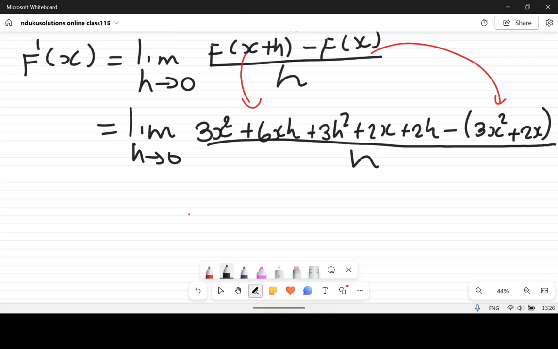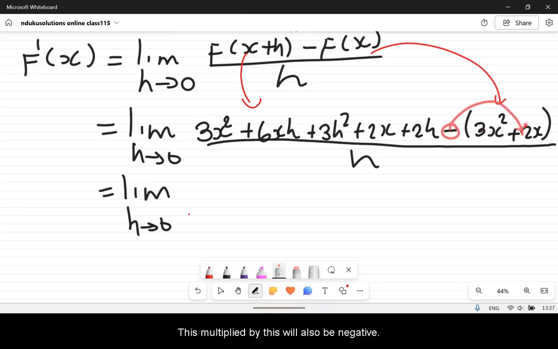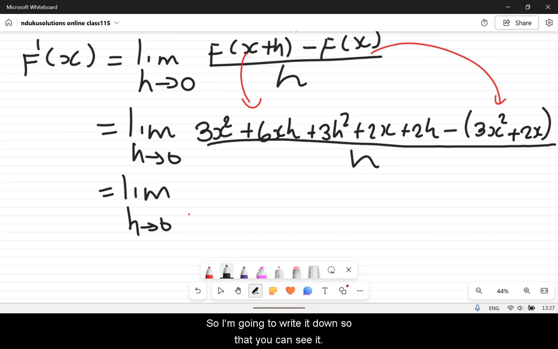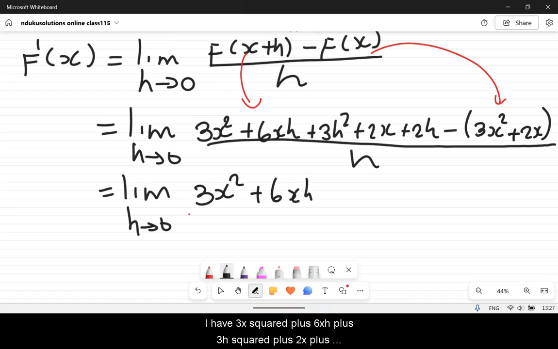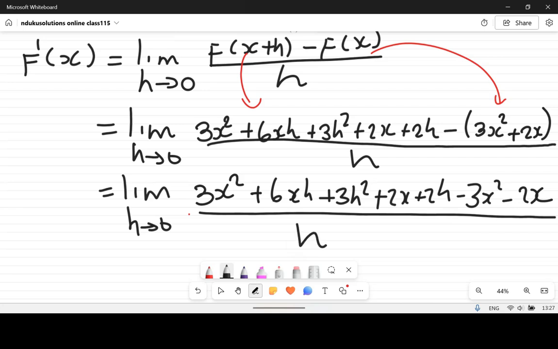So we continue. The limit, you see I'm always bringing in the limit. Then you look at the like terms: this negative sign multiplied by this will be a negative, this multiplied by this will also be a negative. So I'm going to write it down so that you can see it. I have 3x squared plus 6xh plus 3h squared plus 2x plus 2h minus 3x squared minus 2x, all over h.